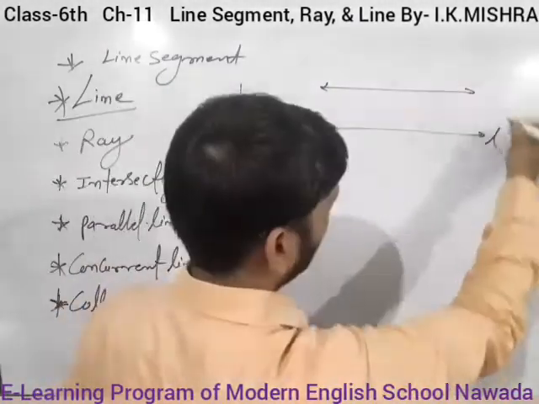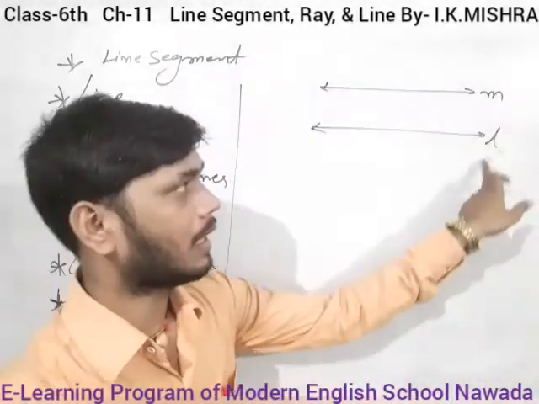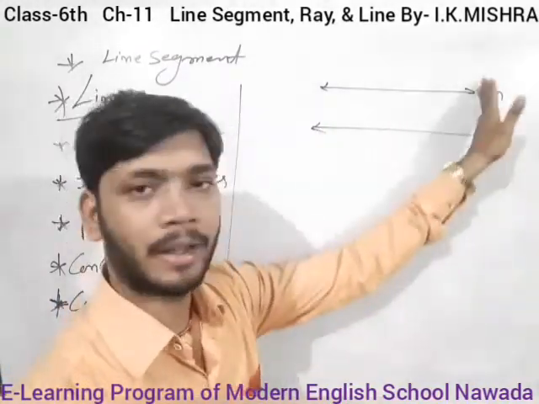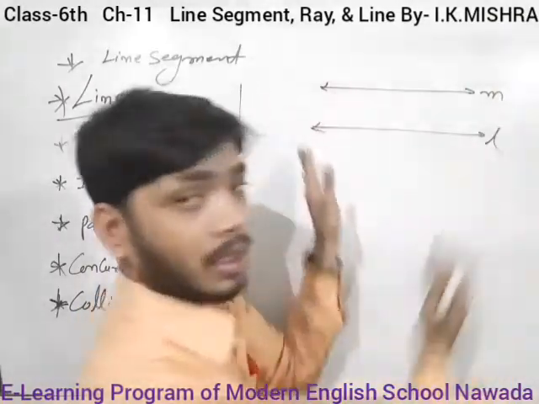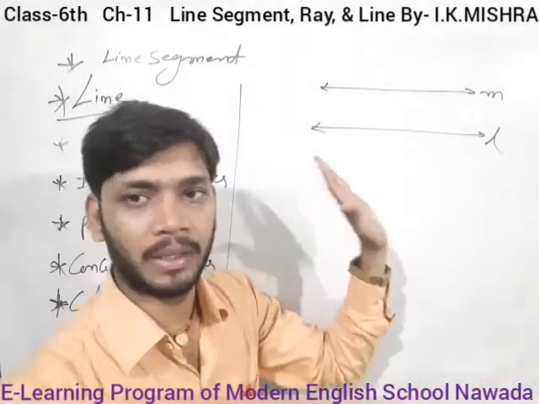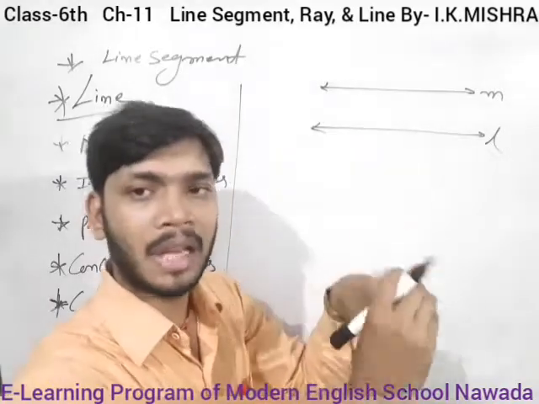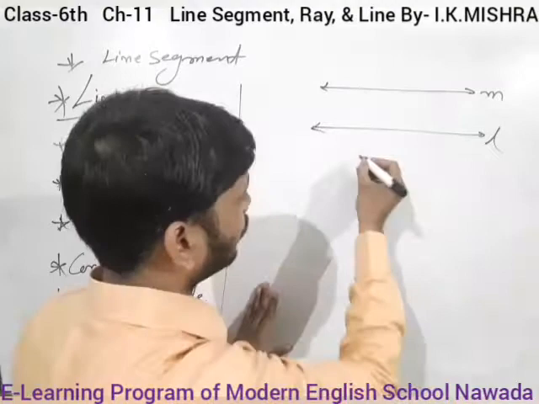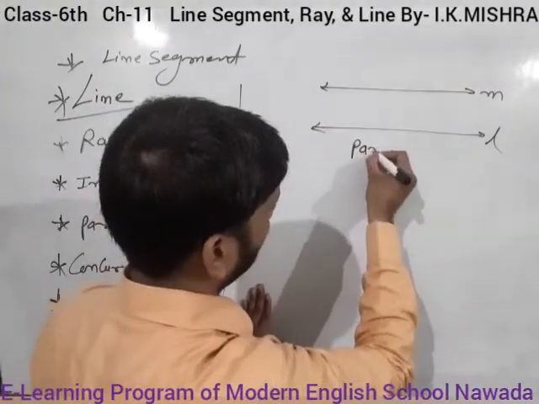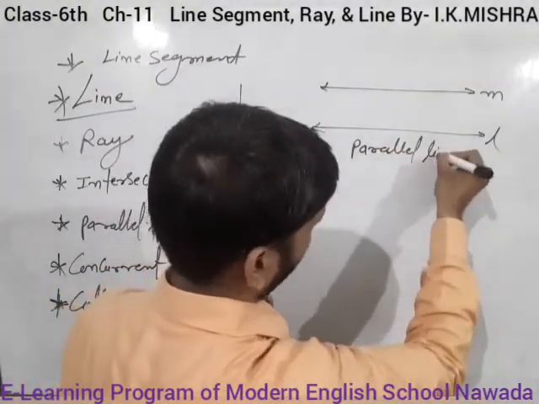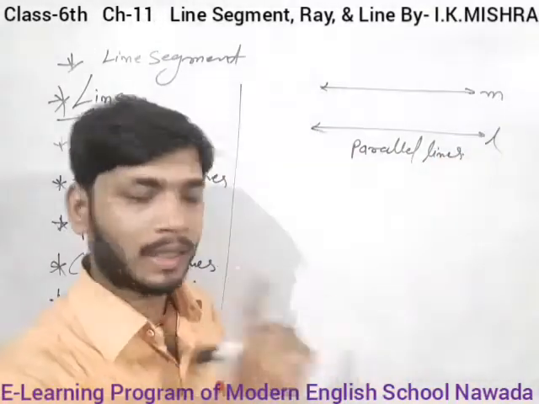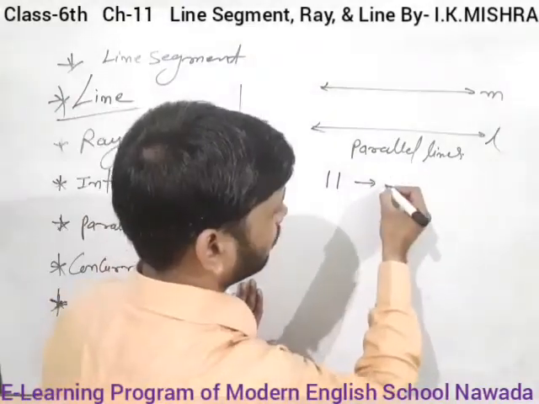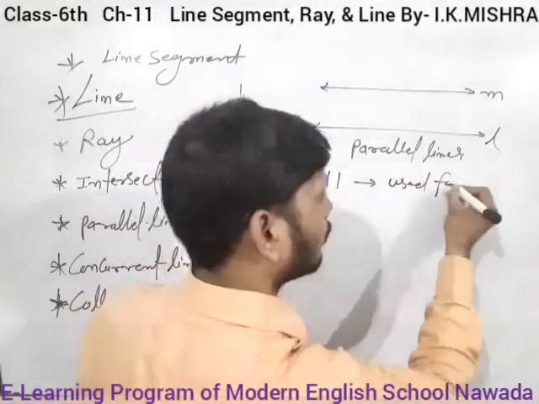Here line L and here M. When you extend these lines L and M in both directions, they never meet. That means they will have no common point. So these L and M are known as parallel lines. Students, always notice parallel lines. This symbol is used for parallel.